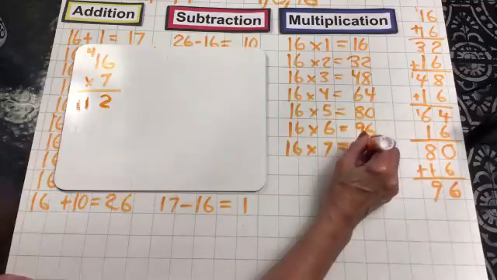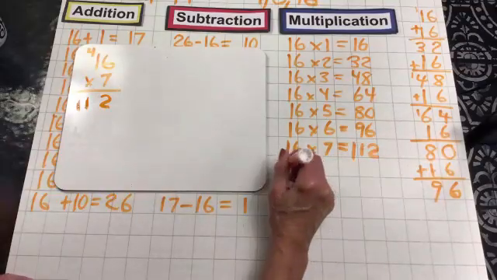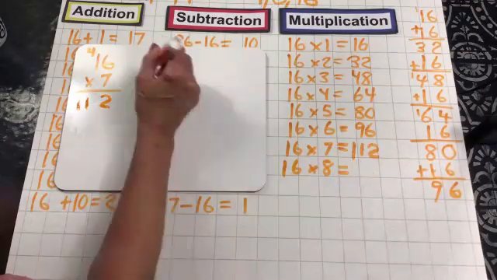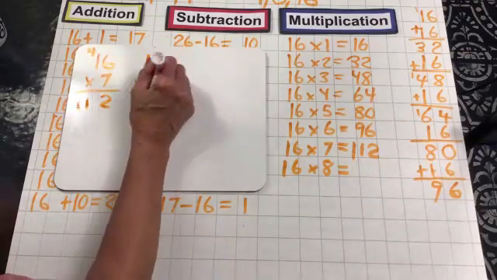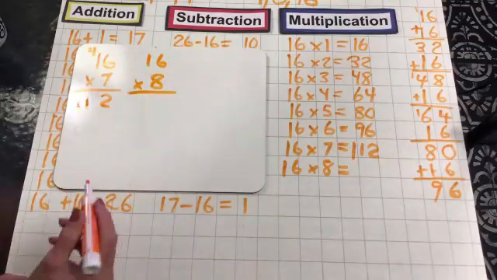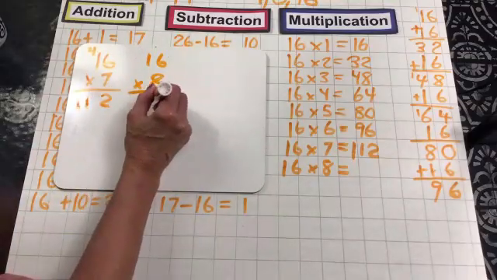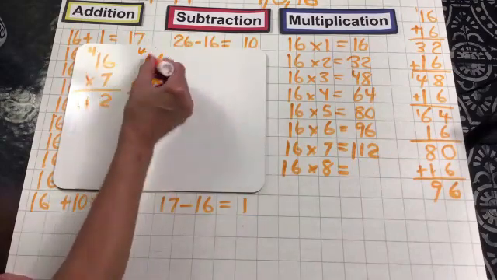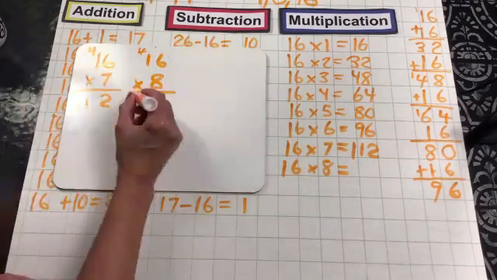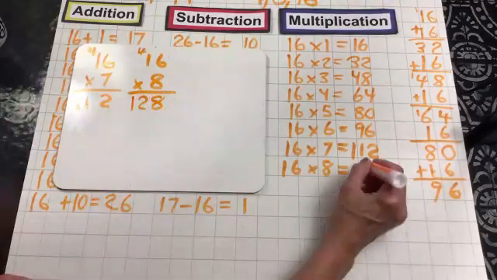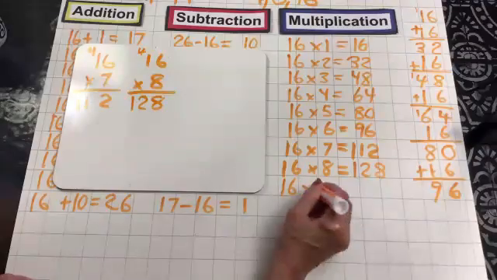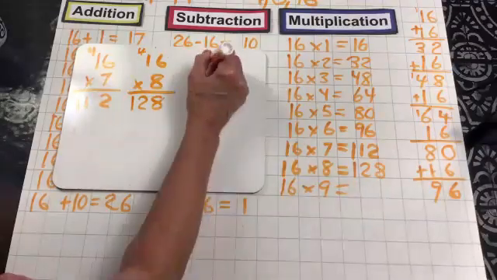So we have 112. 16 times 8 equals. 8 times 6 is 48. Drop the 8, carry the 4. 8 times 1 is 8 plus 4 is 12. So 128.